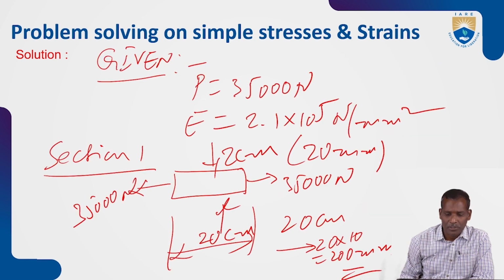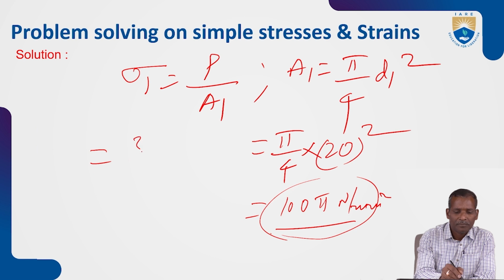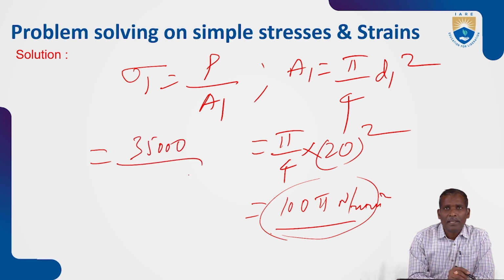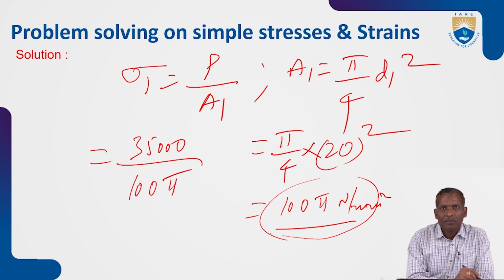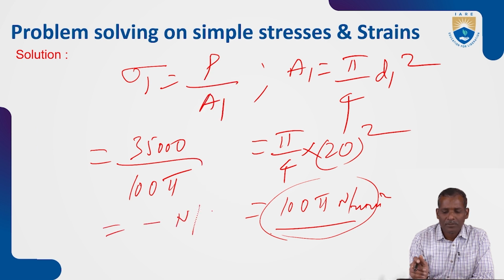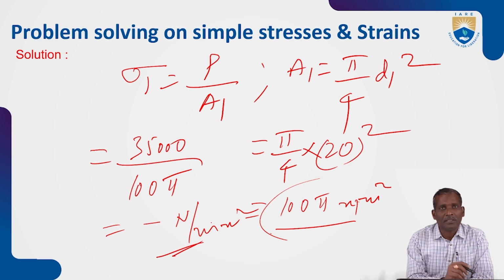The load is equal to 35,000 divided by the area, which we have already calculated as 100 pi mm square. So calculate, you will get Newton per mm square, the sigma 1 value.